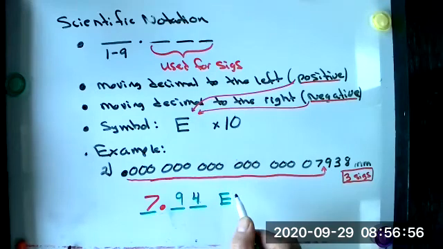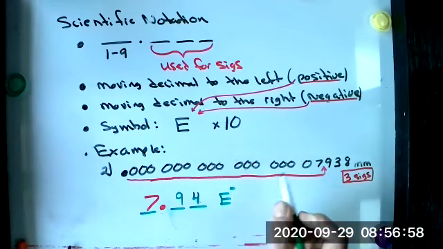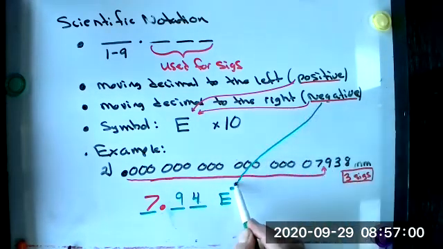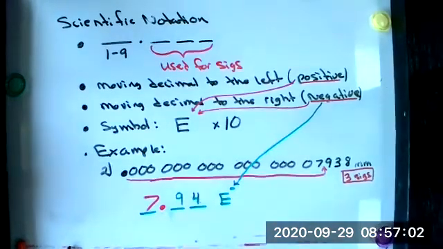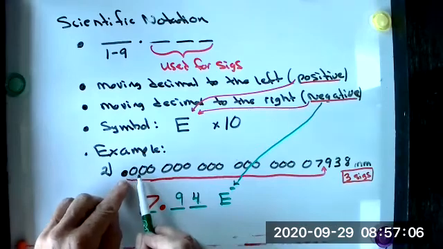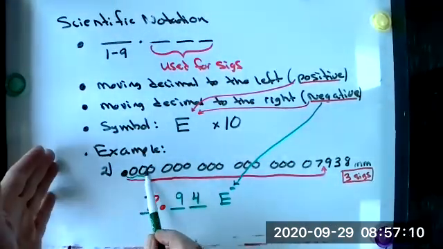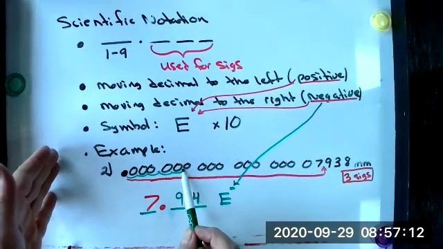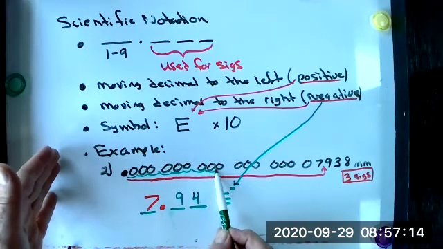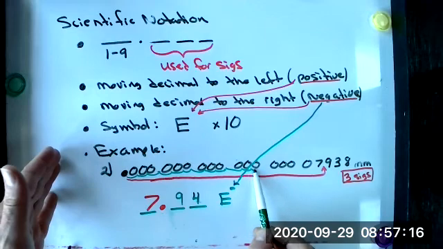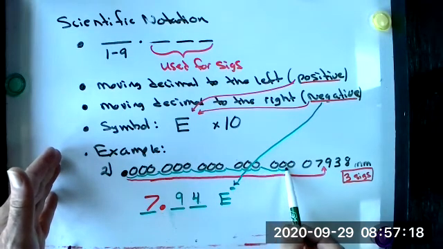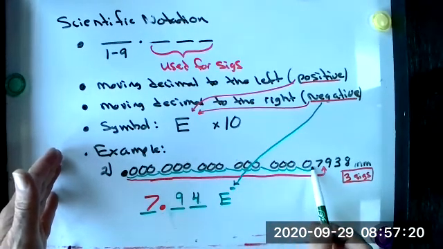I moved it to the right. Negative. And now I count the number of spots. Some people like to do this. It's up to you. 1, 2, 3, 4, 5, 6, 7, 8, 9, 10, 11, 12, 13, 14, 15, 16.